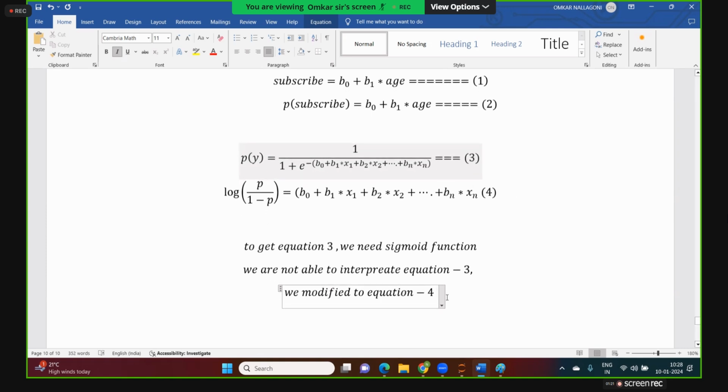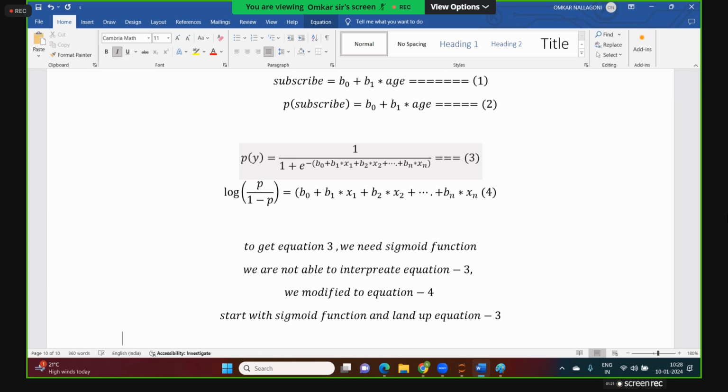So you need to start directly with equation 3. Start with the sigmoid function and land up at equation 3. Okay, that is the first step.